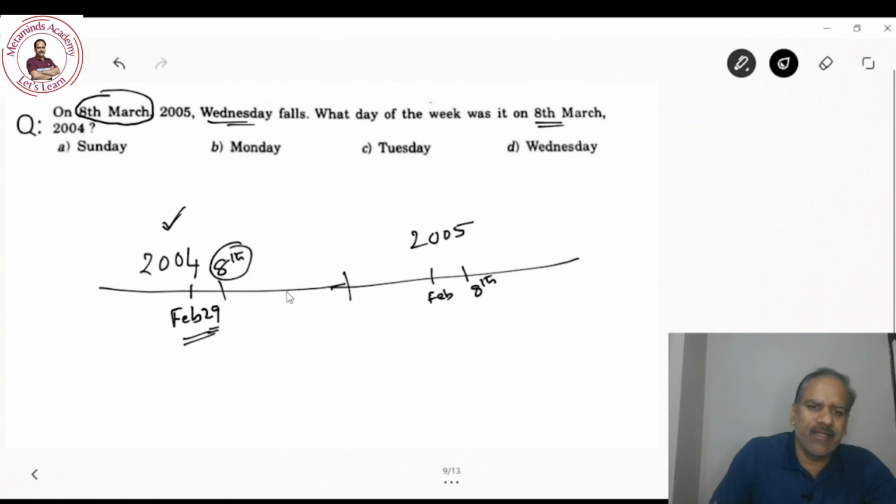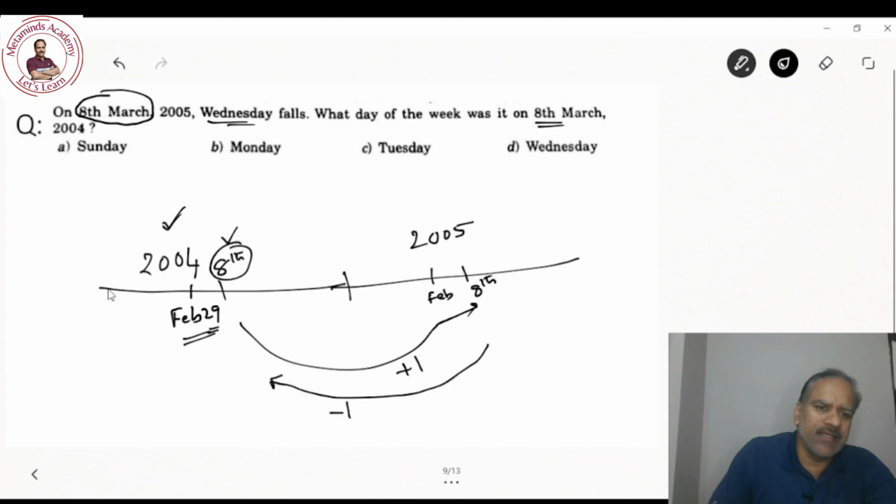Because the current year is 2004, a leap year, we have Feb 29th, and 8th March falls after February, we have to add plus 1 in the forward direction. If you are asked to find it in the reverse direction, it is minus 1. If the given date is before Feb 29th, somewhere between January 1st and February 29th, suppose it is somewhere in the middle of January, here also the middle of January, the same date.